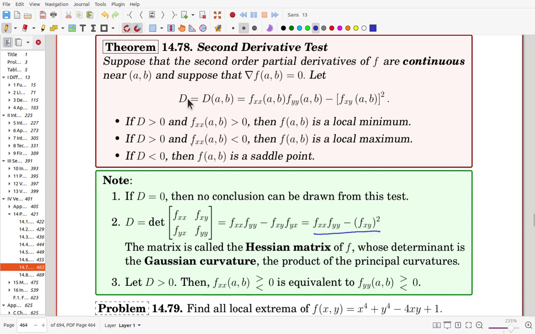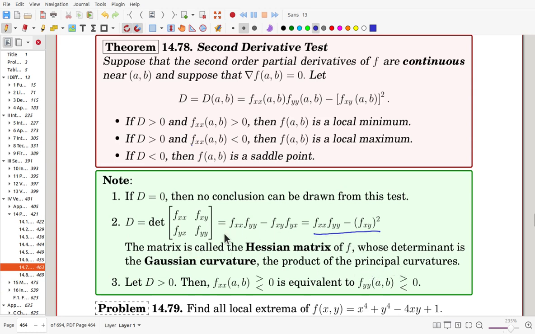So this D is the determinant of the metric. This metric is called the Hessian metric of f, and the determinant is called the Gaussian curvature. So D is the Gaussian curvature, which is the product of principal curvatures.